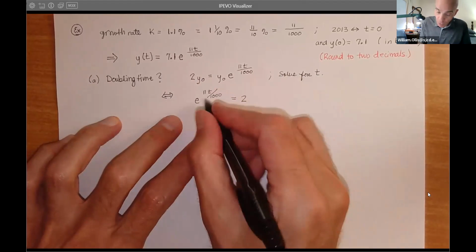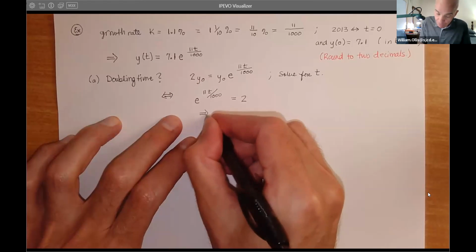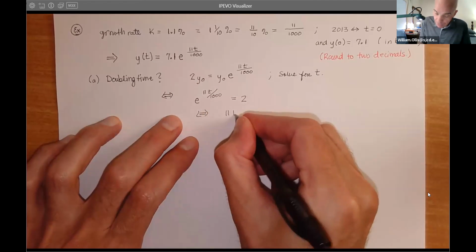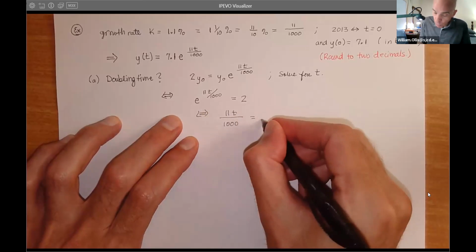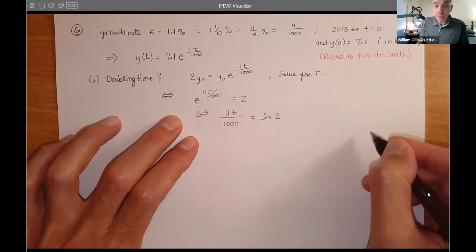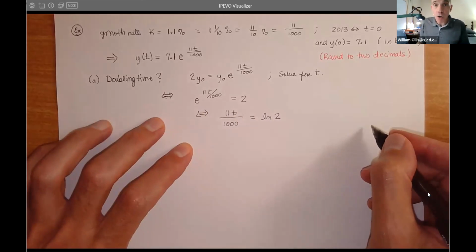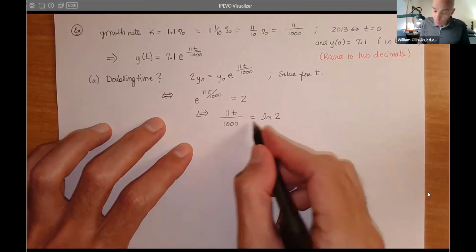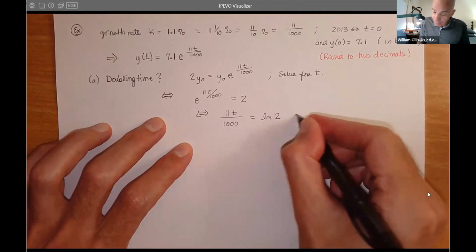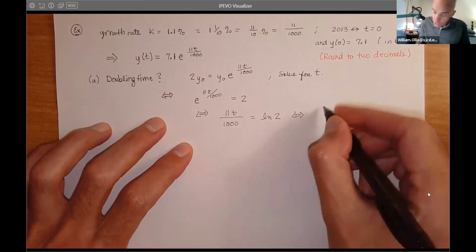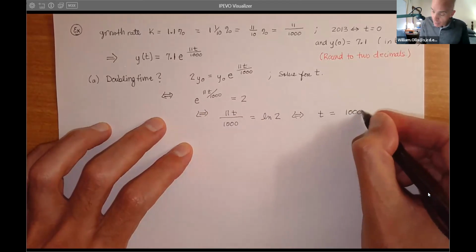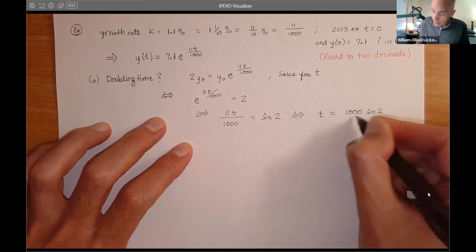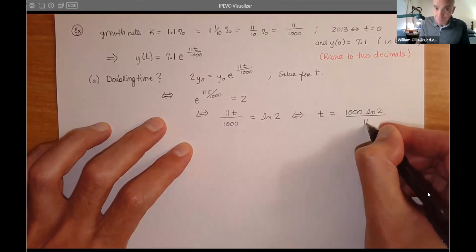So 11t over 1,000 is just the natural log of 2. And so now we can actually solve for t. Just multiply by 1,000 and divide by 11. So t equals 1,000 times ln of 2 divided by 11.